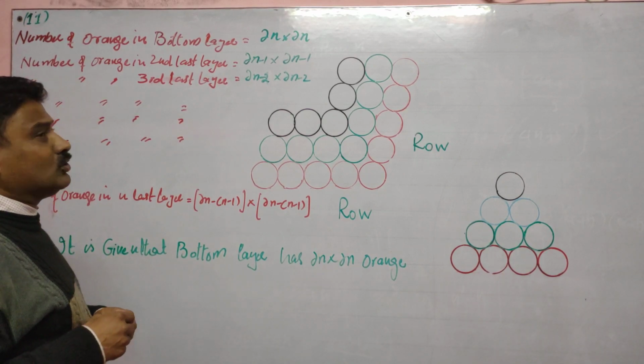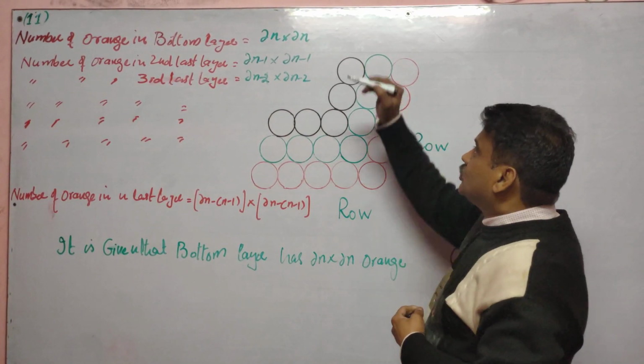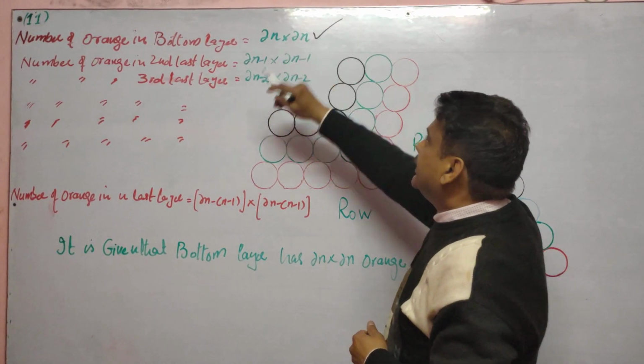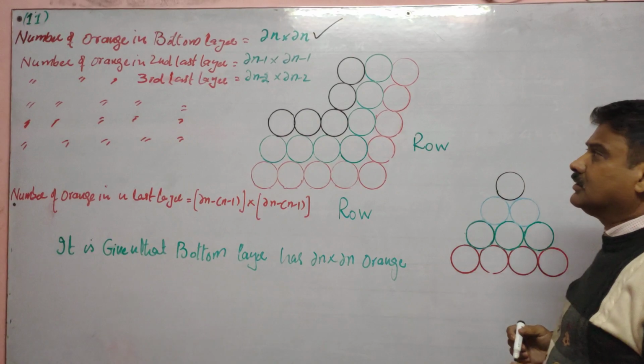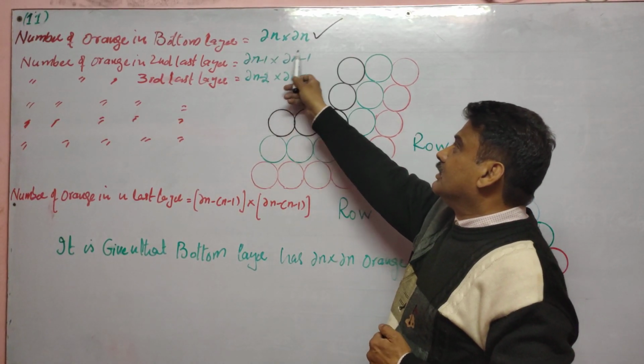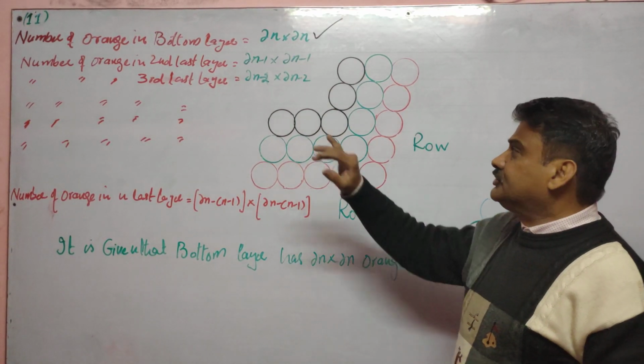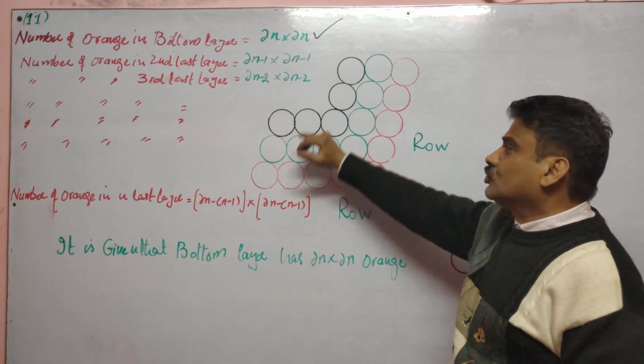We have to find the total number of oranges. In the bottom layer, the number of oranges is 2n multiply 2n. In the second last layer, it is 2n minus 1 multiply 2n minus 1. In the third last layer, it is 2n minus 2 multiply 2n minus 2.